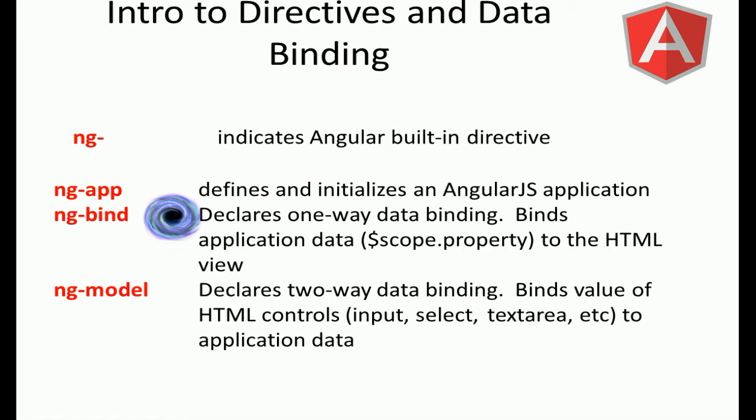And ng-model, a directive that declares two-way data binding by linking the value of HTML controls, like an input element, to the application data as scope.property. There will be much more to say about this directive to help you understand how two-way data binding by ng-model works. ng-model simulates an HTML portal to bidirectionally exchange data with the linked scope.